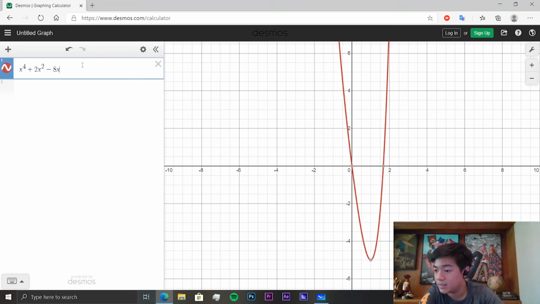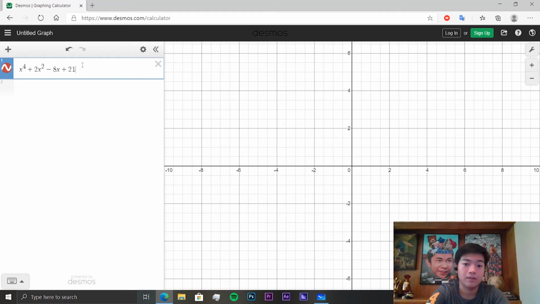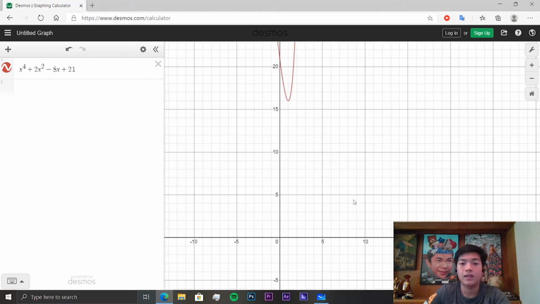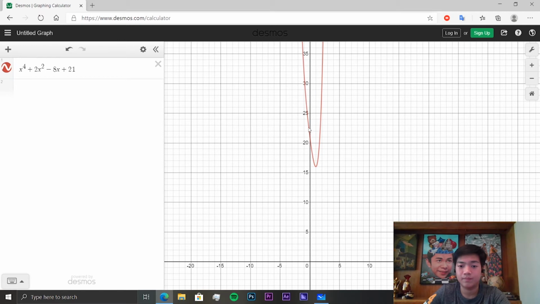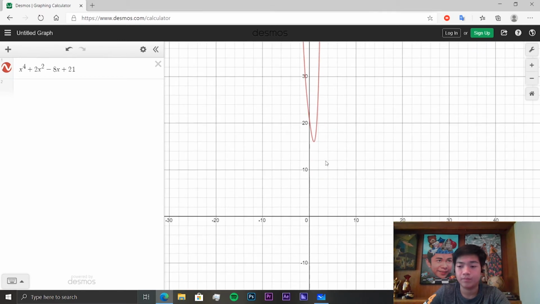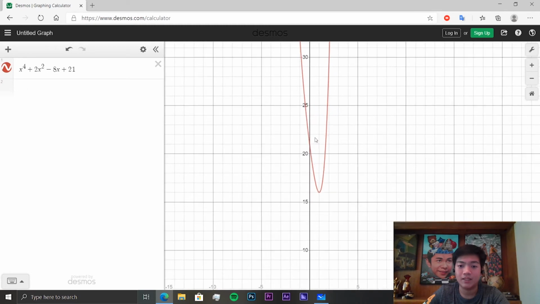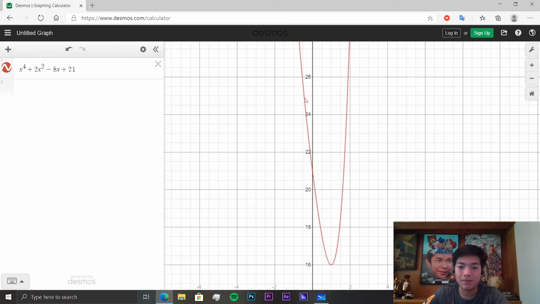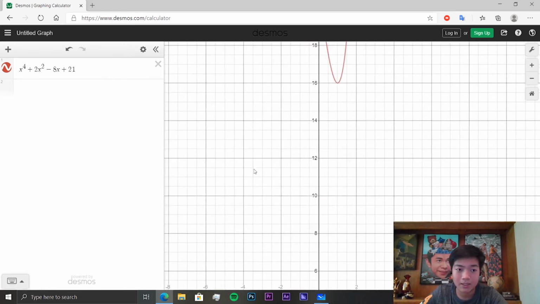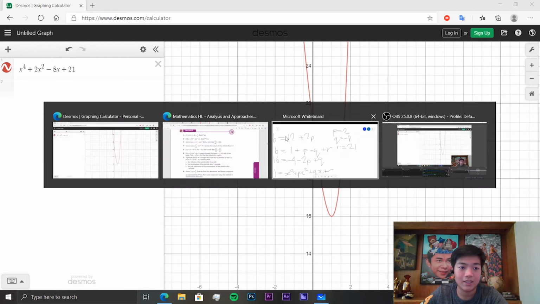Minus 8x plus 21. And at the point -1, well, let's just check. At the point -1, it should be equal to 16. Okay, so yeah, we do have a problem. It's probably my fault, because at the point -1, this equation is clearly not equal to 16.